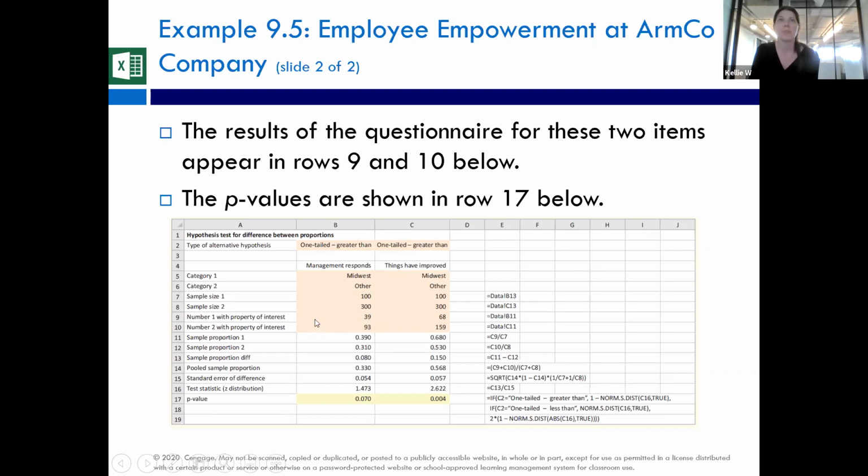Then the property of interest. So we're calculating proportions again. So if we calculate those who responded one way versus everybody else, we get this 39 and 93. And then for the other question, it turned out to be 68 and 159. So now we have this proportion.